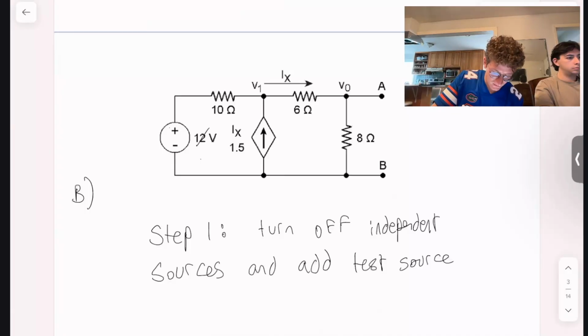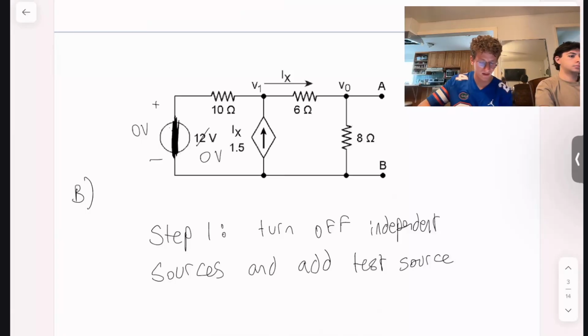If you think about what that means within the context of the circuit, since there's a 0 volt drop across this, it essentially turns into a wire. So I'll just do that right there so we can actually see what we're doing.